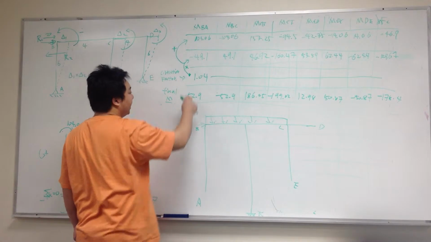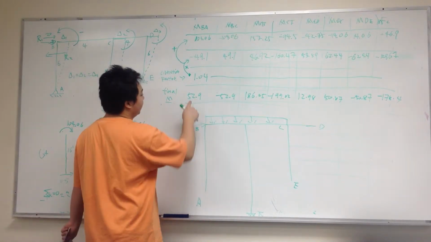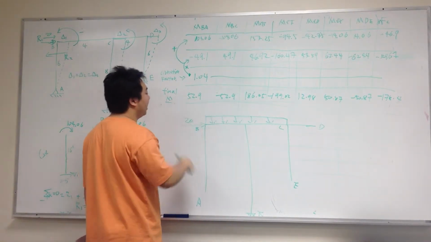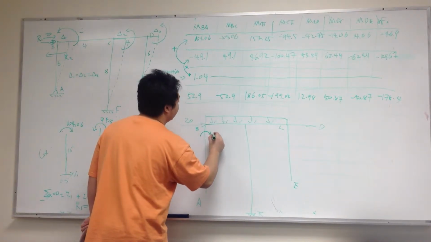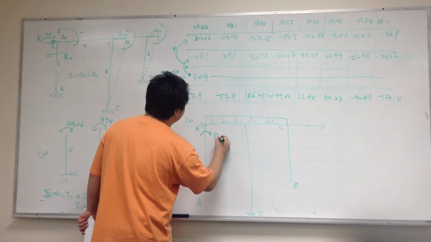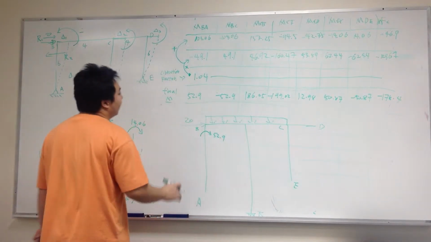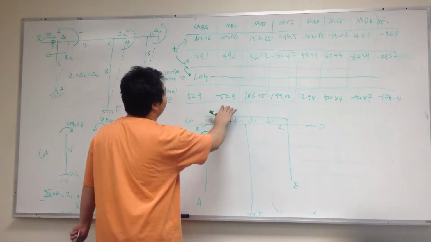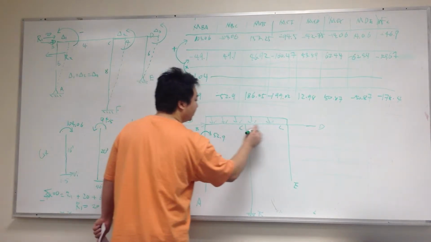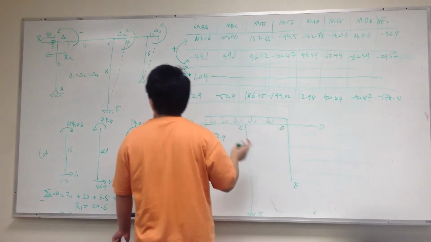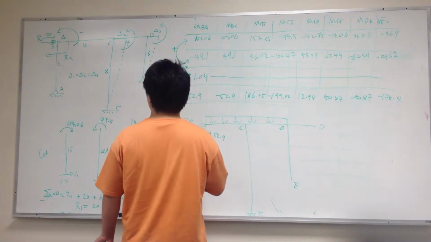So for BA, positive 52.9. Positive is counterclockwise, so you could put counterclockwise. Clockwise. 52, yeah, clockwise, I'm sorry. And for this one, it's counterclockwise. BC is counterclockwise. Okay. C, D, wait.